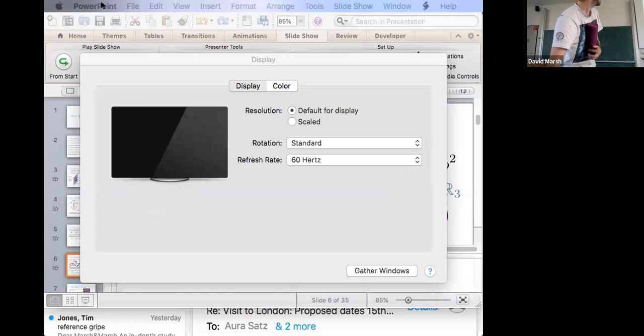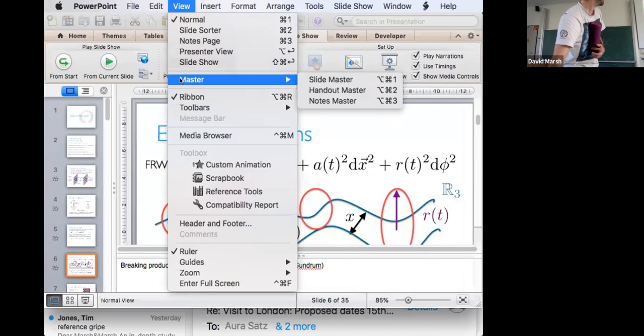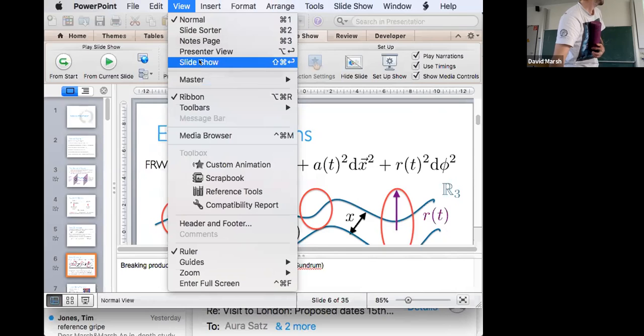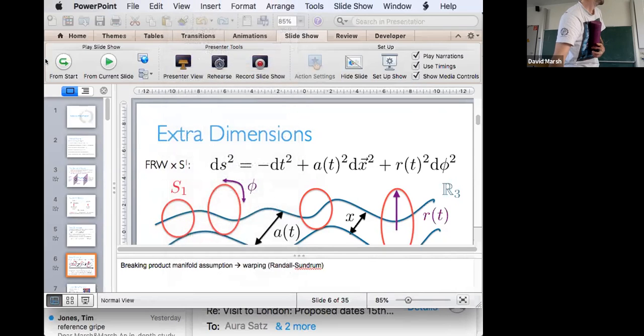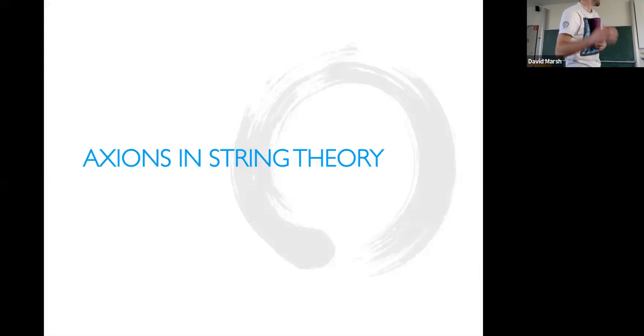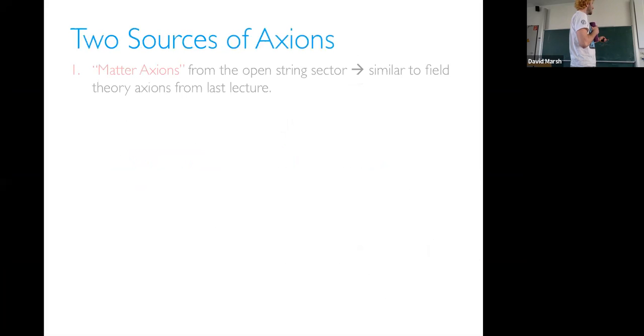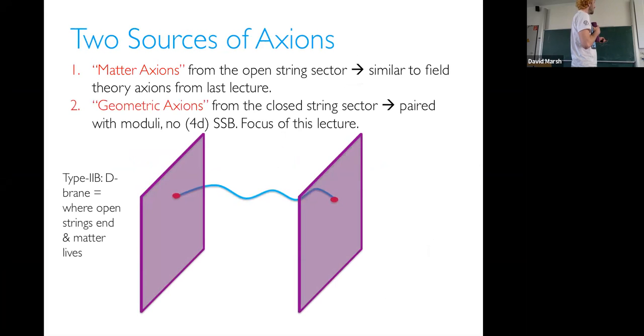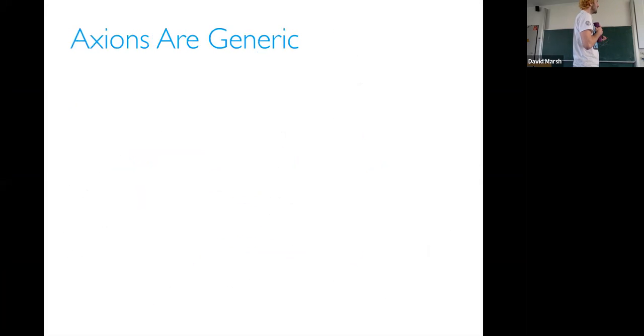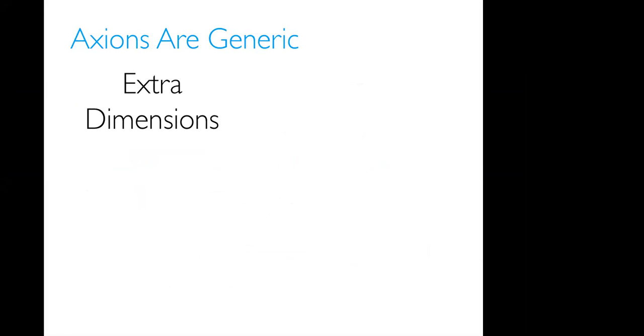Right. Okay, so let's go back to PowerPoint. View, Slideshow. You're back to the string theory slideshow now, right? And you can all hear me, I presume. Yeah, I can hear you, but I don't think it's the mic in the purple speaker.